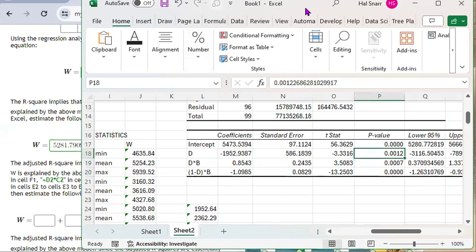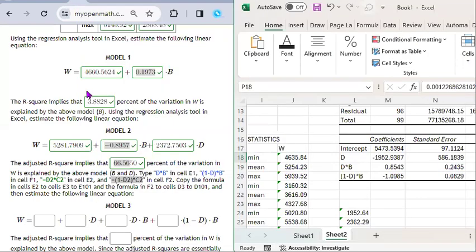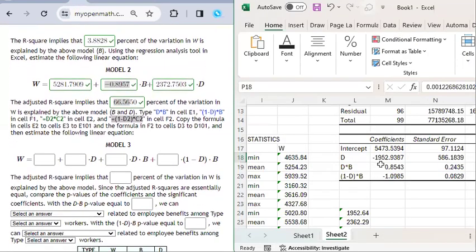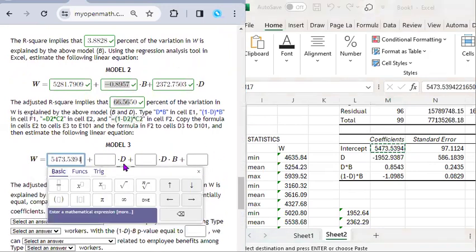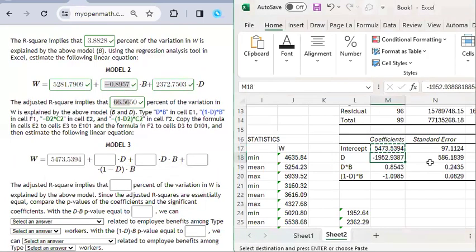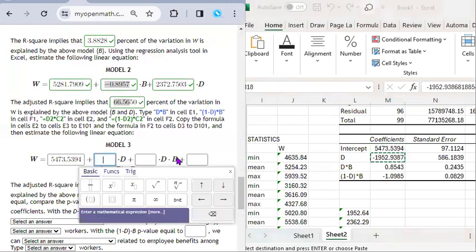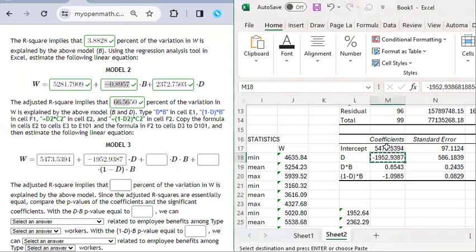Now I'm gonna kind of wrap this up in a scatter plot. You're gonna see it real quick. Okay. All right. So let's fill in our model here. The intercept, right? So when D is 0, the intercept of the model is that. When D is 1, because we're talking about the high productivity workers, the intercept actually becomes, right?